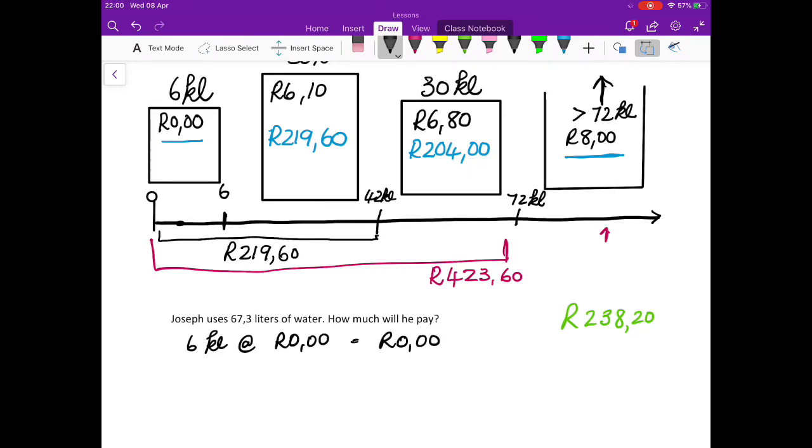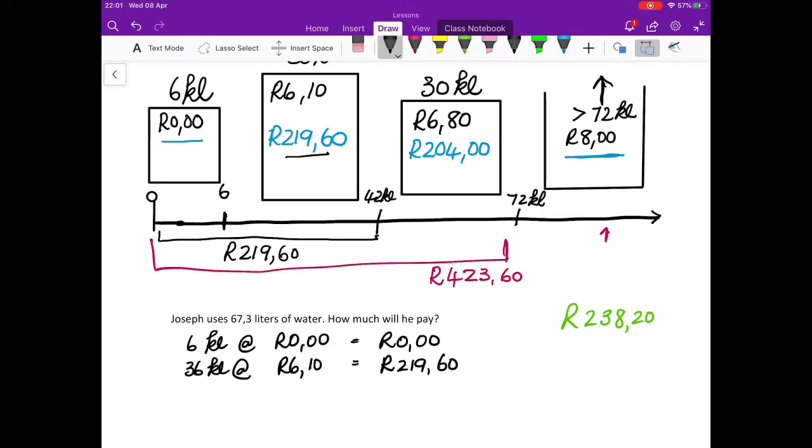In our next bucket of water, okay, so he's going to use the whole of the 36, so he's going to use 36 kiloliters at 6 Rand 10 per kiloliter. And if I multiply that out, handy, just look where I have got my answer, is 219 Rand and 60 cents.